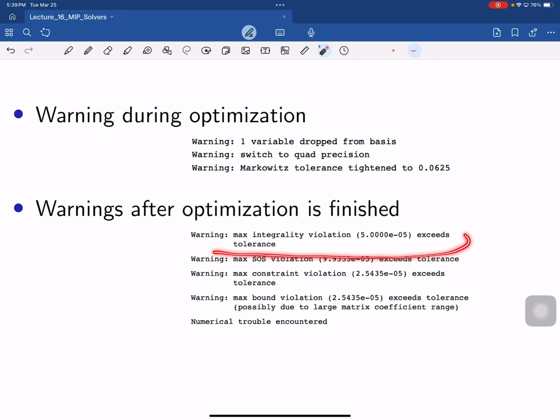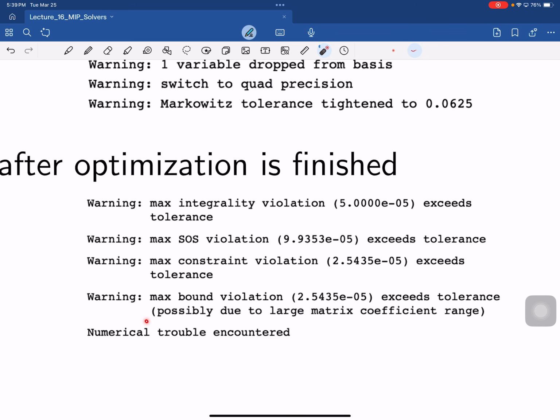This will be a good sign that you have very large big M's in your problem. And then there are other things as well. Sometimes it will even tell you this is possibly due to a large matrix coefficient range. So again, make sure you have a good matrix coefficient range.